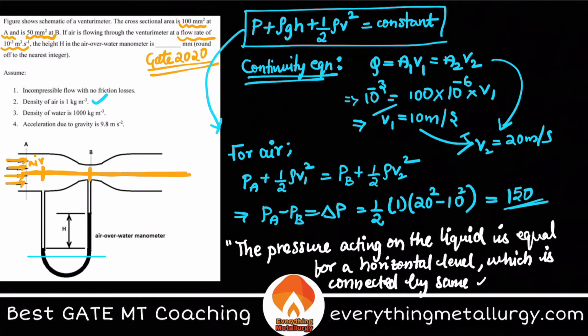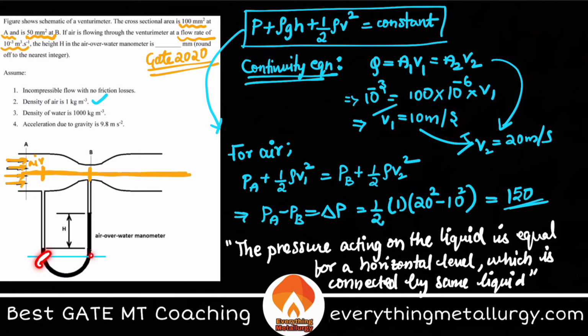So here this part is sorted because we have only one liquid, which is water, which is filled into my manometer, correct? So what it is telling is, the pressure acting on a liquid in a horizontal level, which is connected by the same liquid, is equal. So at this point, let's say PA, and at this point let's say this is PB, because of course we have this P and PB acting over here.